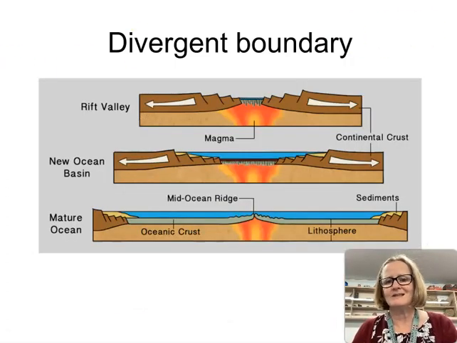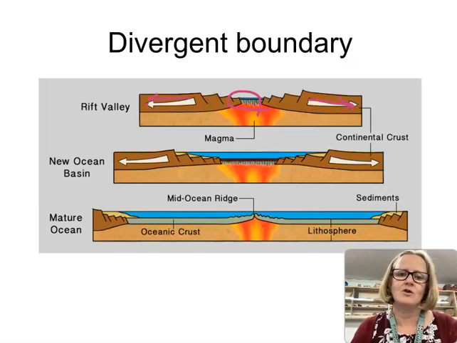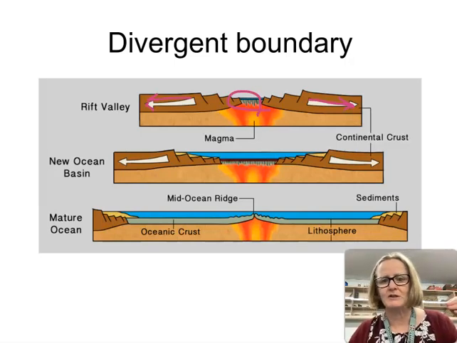If you see the stages of how we would form a new ocean floor, at first you would get a rift valley where new rock has formed, and the continental plates are moving side to side, diverging from each other.